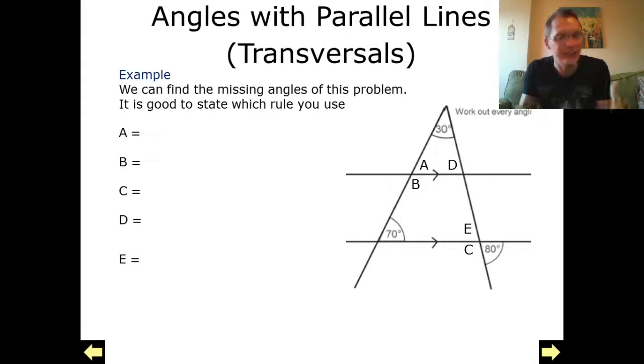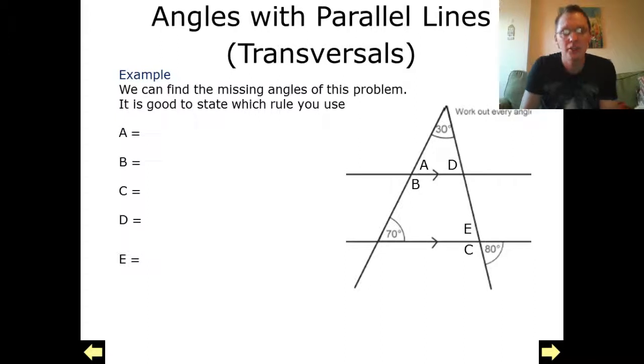Make sure you are stating the rules that you are actually using from the previous slide. This is because it's giving rationale to how you are calculating this angle. It's your method. Now, there are a lot of times multiple different answers that you can get, but as long as you are showing how you've got to this, then it'll be the correct solution and you'll get the full marks.